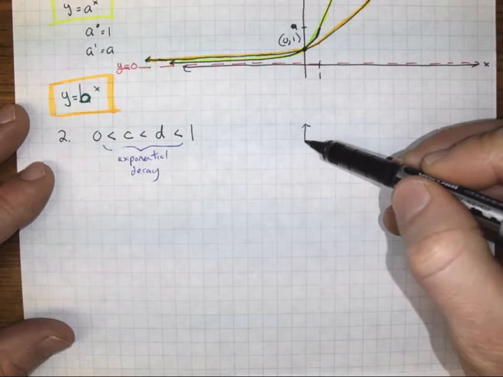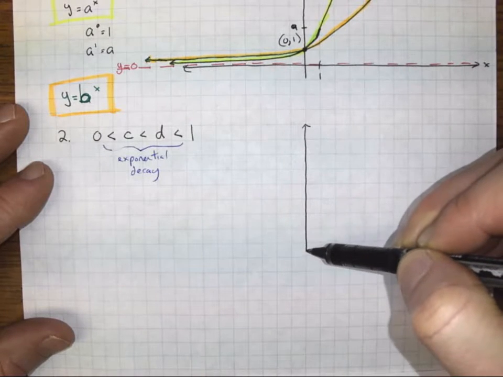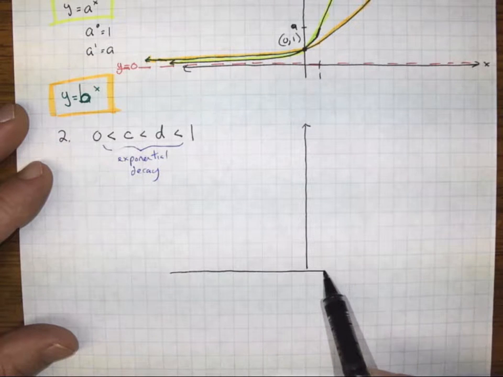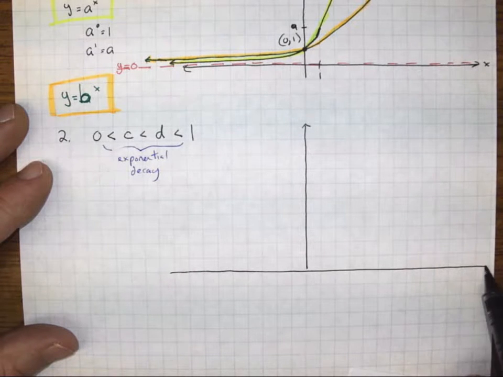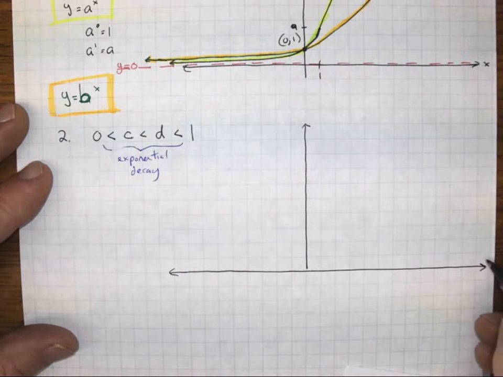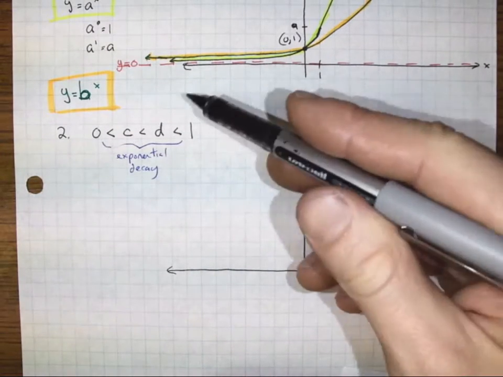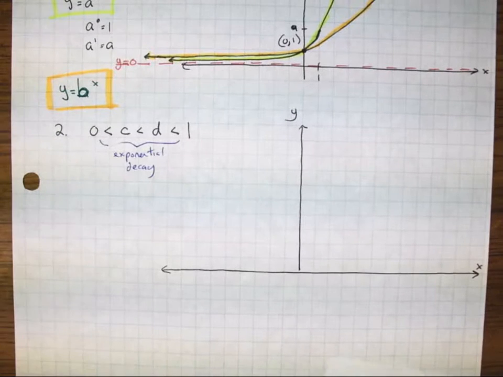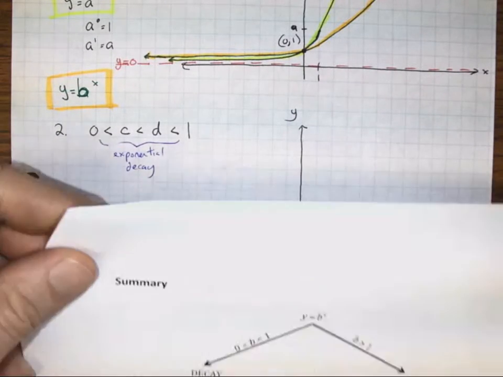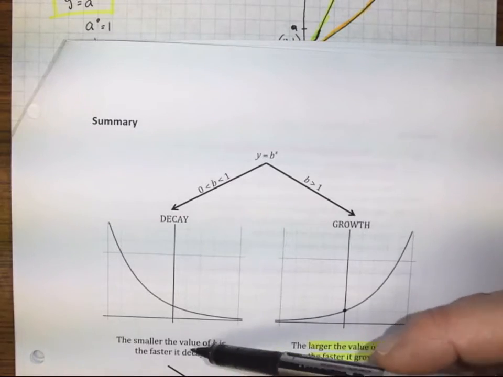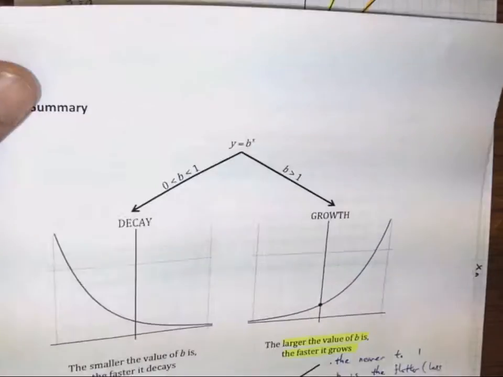We know D is bigger than C, and D is closer to 1, so that means it's going to be flatter. And we know these curves are both going to be a decay curve. They're both going to look more like this. The smaller the value of b, the faster it's going to decay.